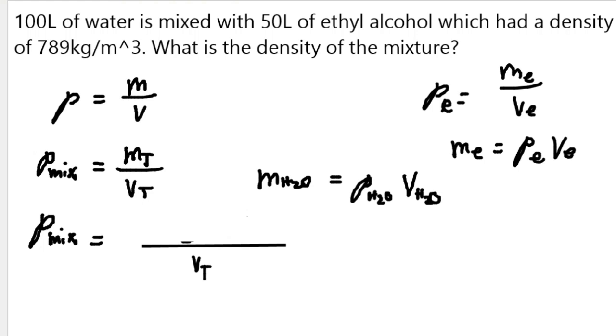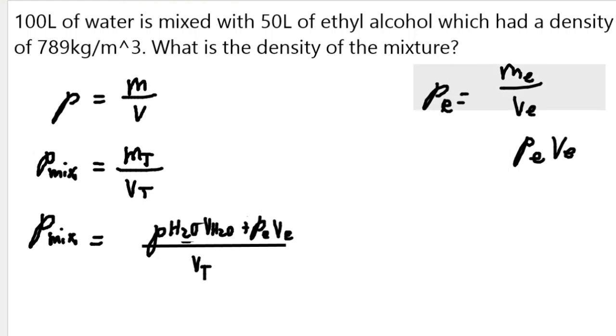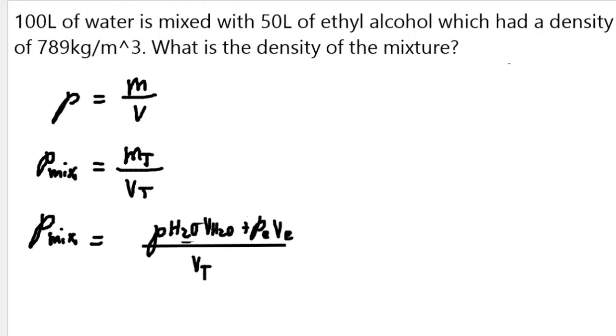What we can do now is substitute everything here. We're going to replace this with the density of the water times the volume of the water plus the density of the ethyl alcohol times the volume of the ethyl alcohol. Now we can split the total volume here, right?